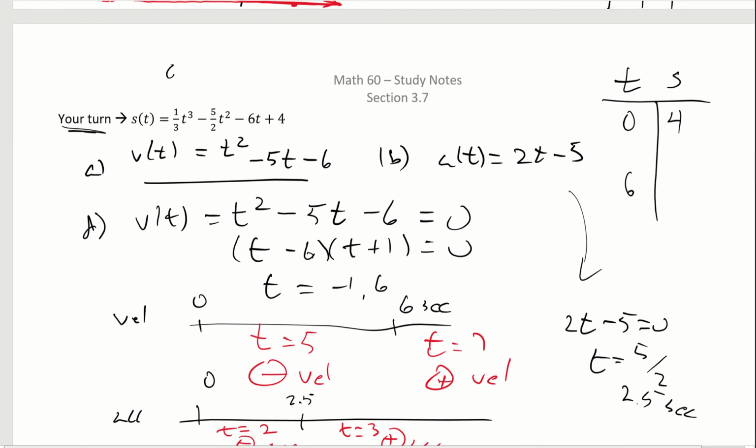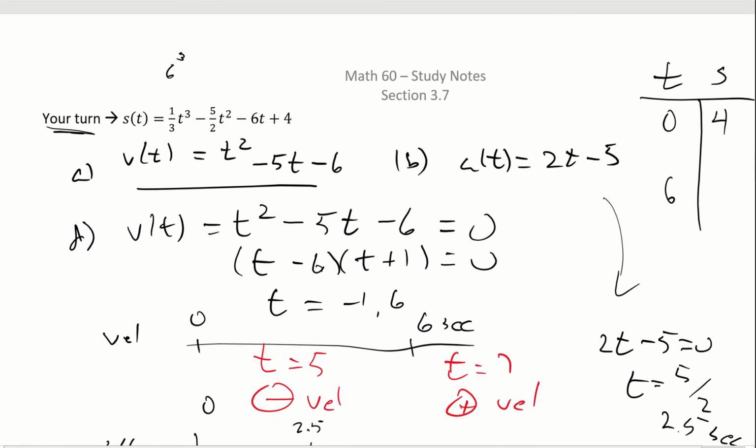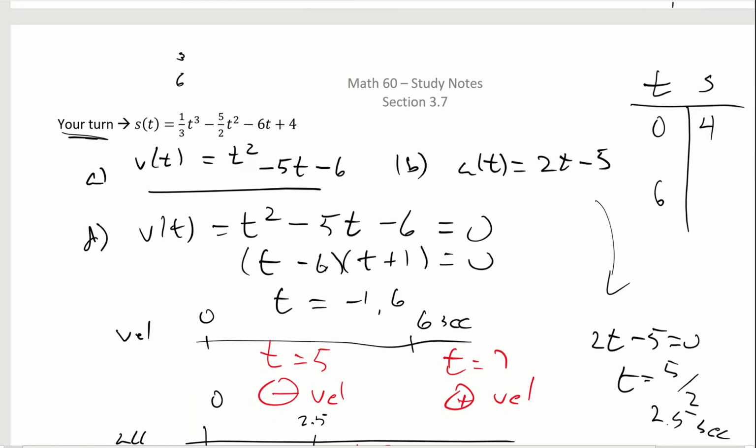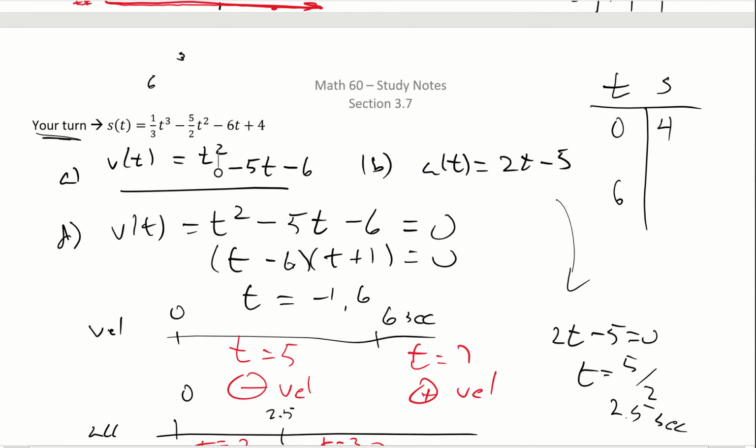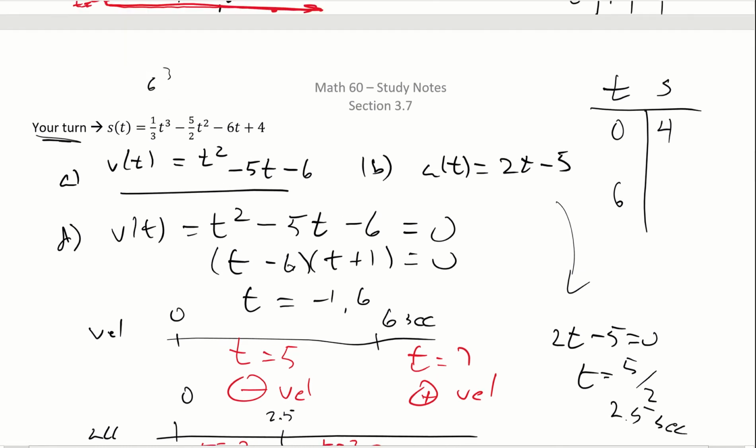So that's 6 cubed over 3, minus 5 over 2 times 36, and then minus 36, and then plus 4.